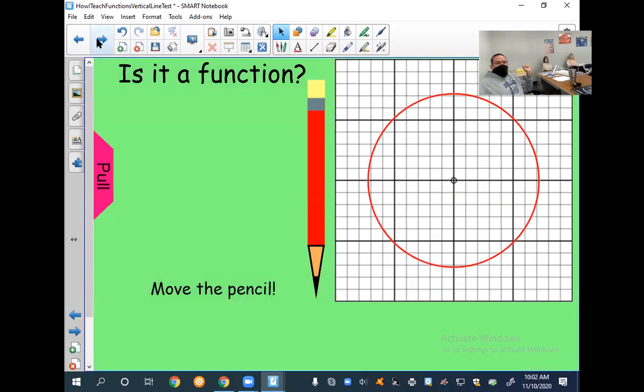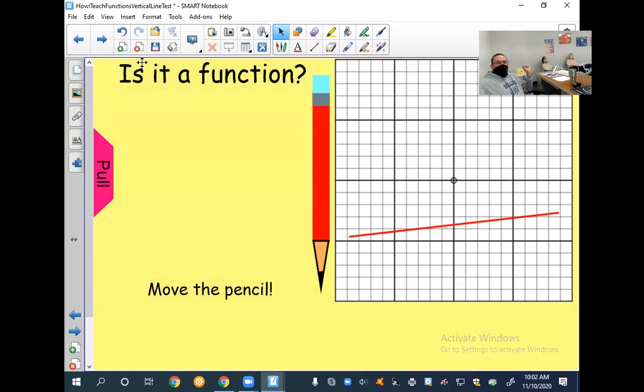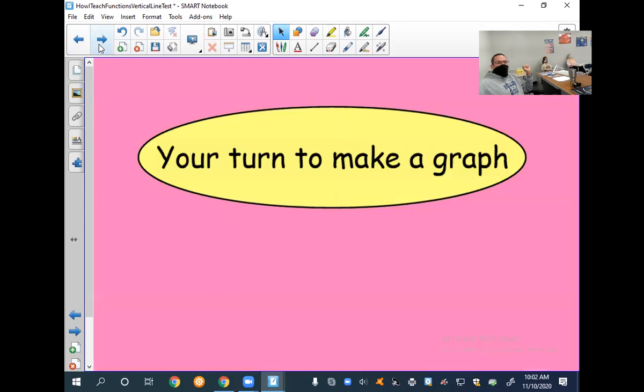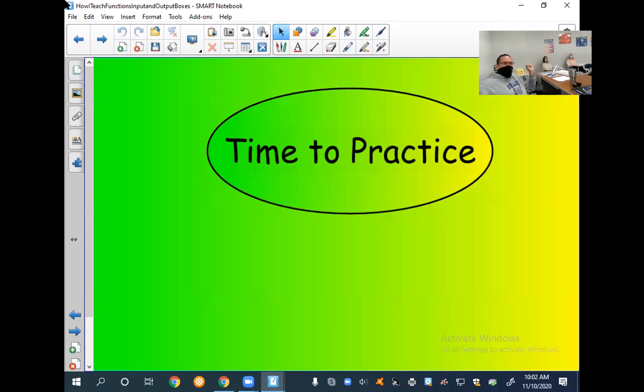Nope. Not a function. We don't care. It is a function. What about if I go sideways? Is it one-to-one? Yep. It's one-to-one. It just passes through each point one time. Not a function. We don't care. That makes sense? Okay. For it to be one-to-one, it has to pass both line tests, vertical and horizontal. Yeah? All right.